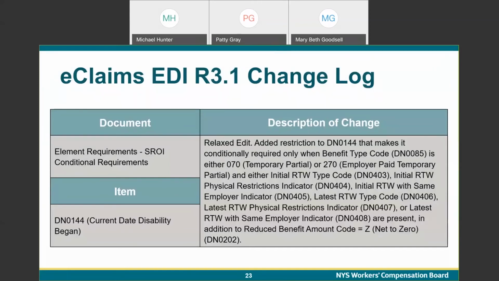So if any of those codes are present, as well as that benefit type code, it would be a required field. Otherwise, it would be conditional, and you can provide it if you have it.